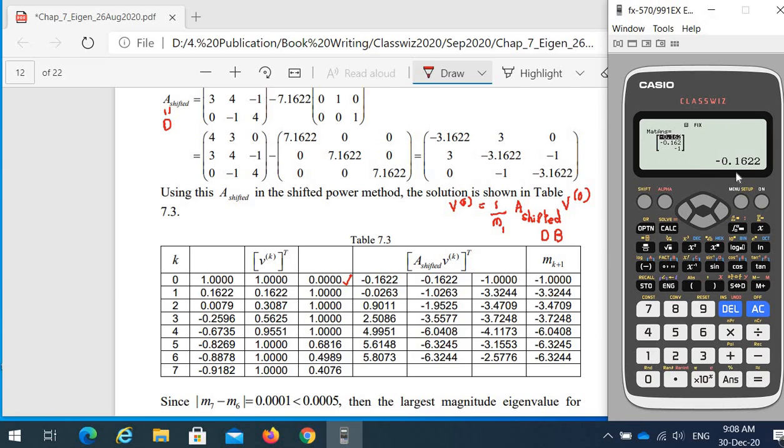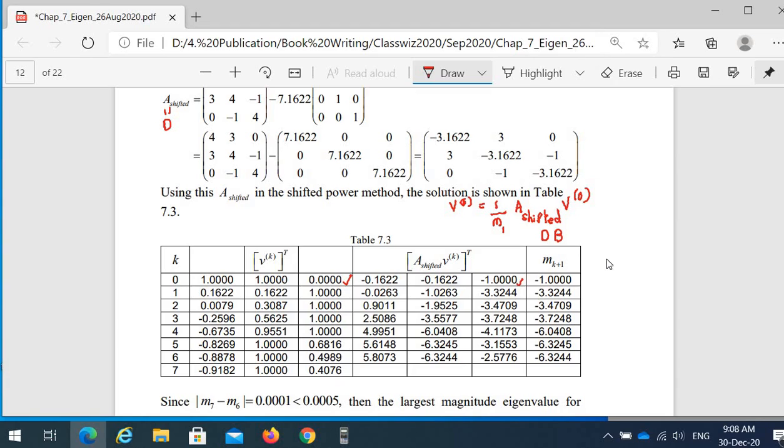So I get negative 0.1622 and 1. M k plus 1 is the largest magnitude, which is 1 in magnitude, but it's negative 1. So the largest magnitude is negative 1, and you take its value including the sign. So it's negative 1.